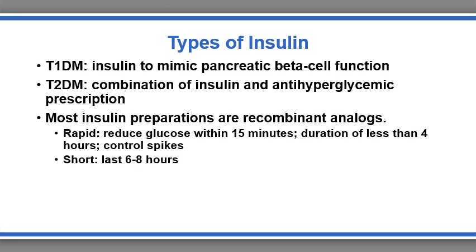Then you have your short acting, or what we would call regular insulin. So these are your human insulin R, Humulin R is the trade name. They have a slightly slower onset, so they take a little bit longer, about 30 to 60 minutes to act, but they last longer. Unlike the rapid, which pretty much only have a duration less than 4 hours, these will go a little bit longer.